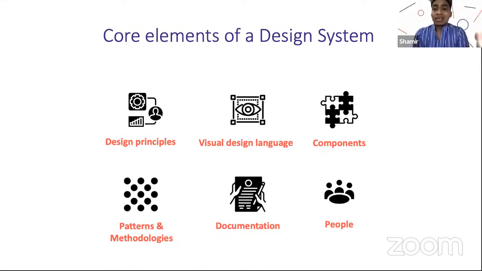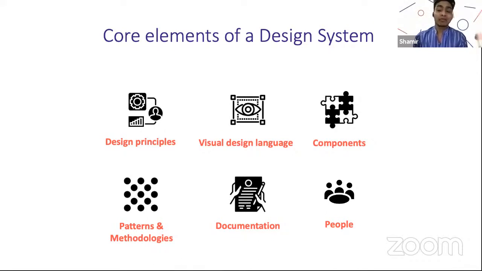And last but not least, it's very important that we consider the people aspect, because without the human aspect, a design system is not possible. It's about bringing the mindset together and understanding the need to create a design system, and about the people behind it, who is managing it.